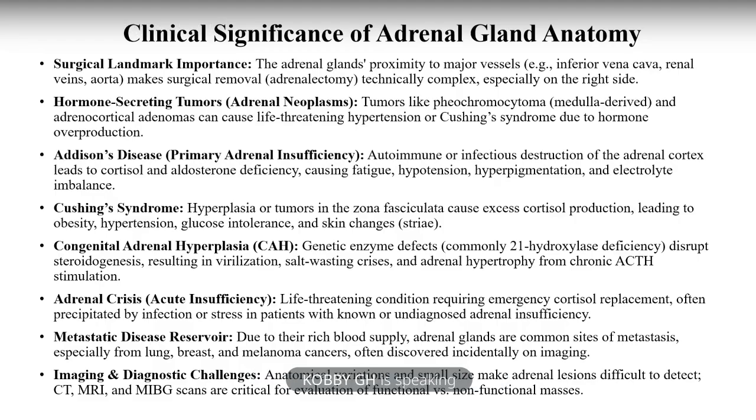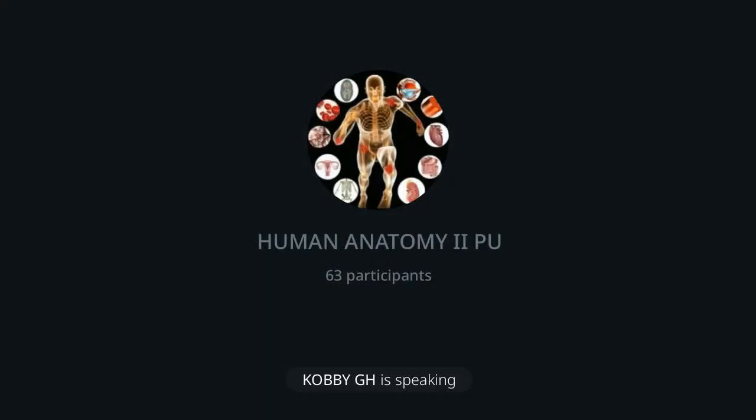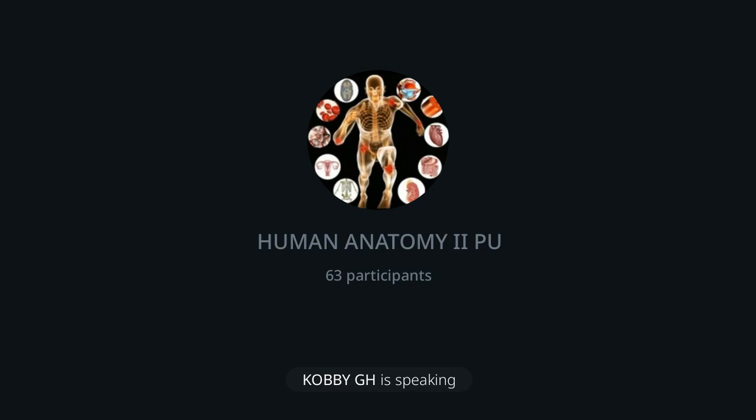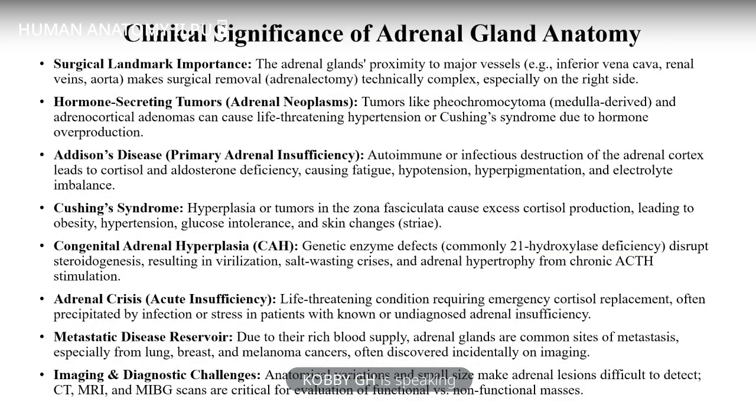So when we say adrenal hormone production or the adrenal activity decreases, what it means is that the medulla hormones will go down. The cortical hormones will also go down. So it means this person will lack the sex hormones, the aldosterone, and the cortisol.